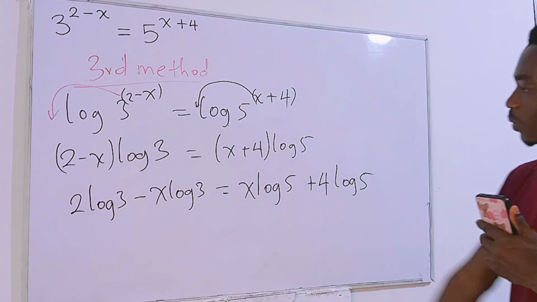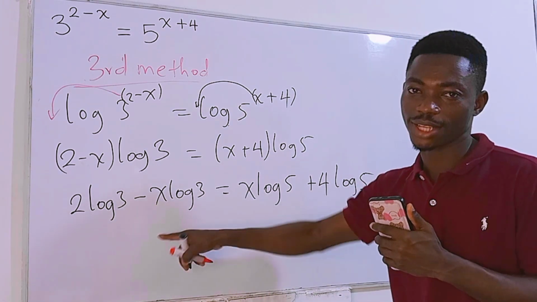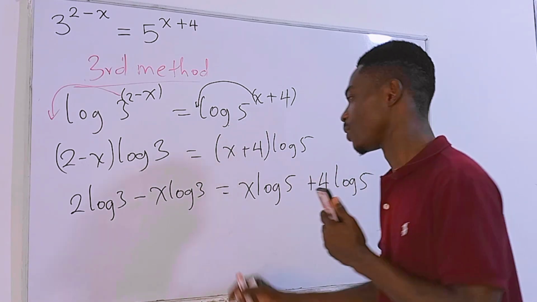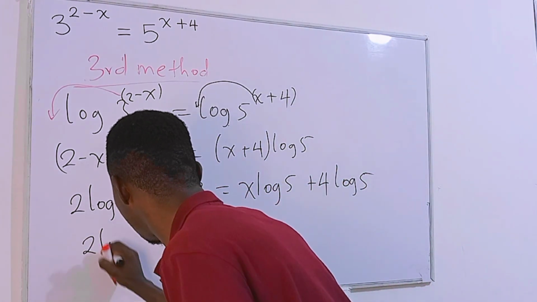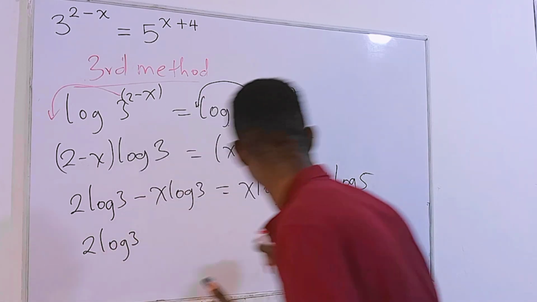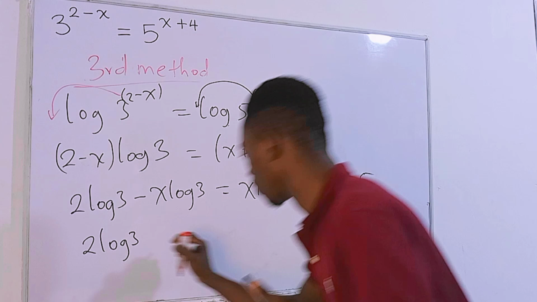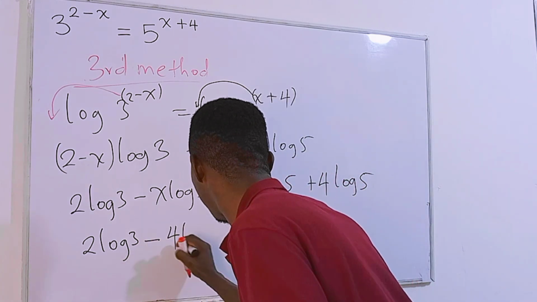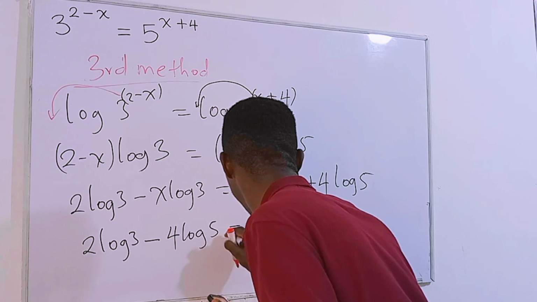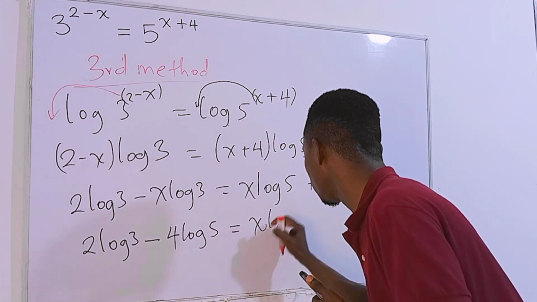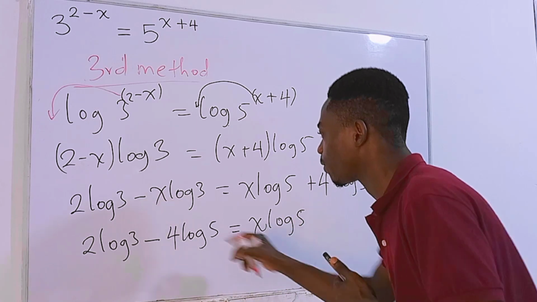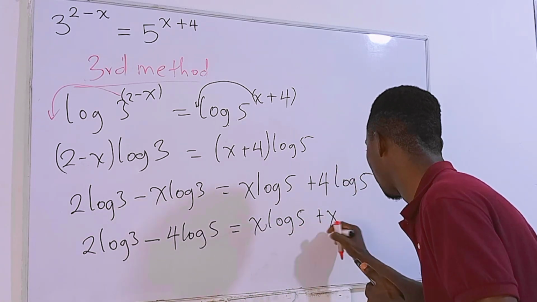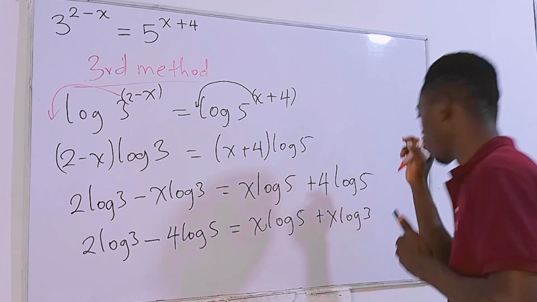Pretty cool. We have minus x log 3. Let's transpose it so that it will be positive. And if you do that, I'll keep this 2 log 3, then minus this right here, so we're going to have minus 4 log 5, and this is equal to x log 5, then plus x log 3.